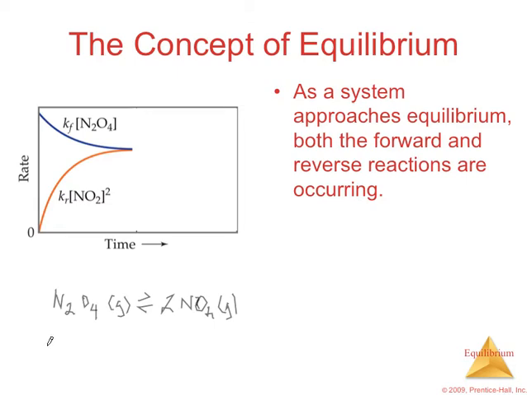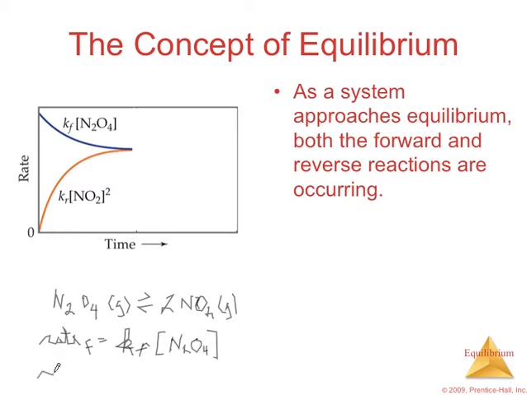Remember from kinetics, the rate going forward is going to be equal to the rate constant in the forward direction, that was supposed to be a k, and that is an f, times the concentration of the reactant, which is the dinitrogen tetroxide.